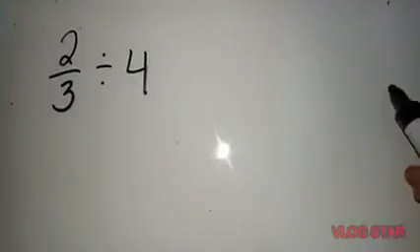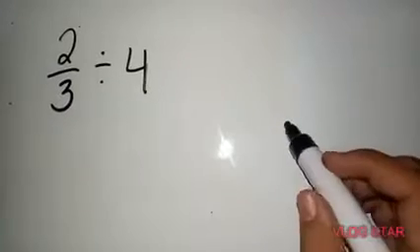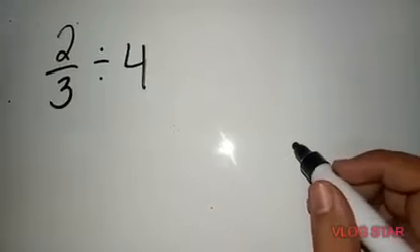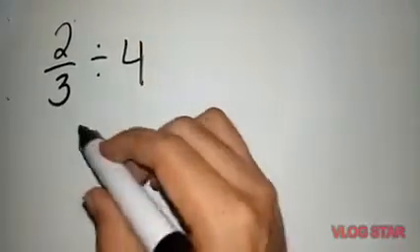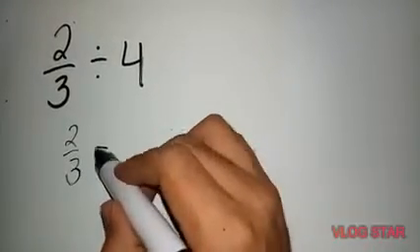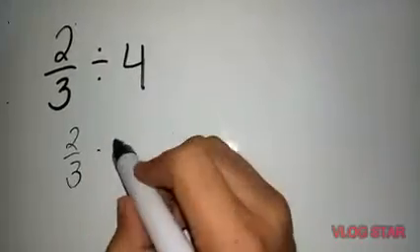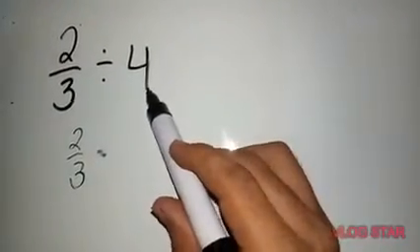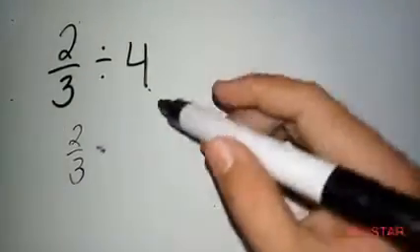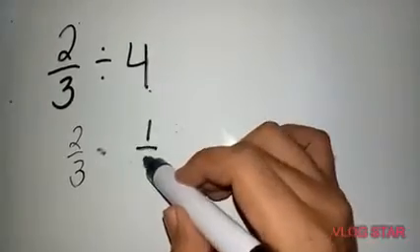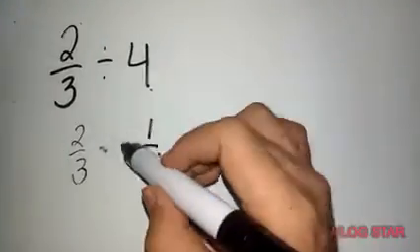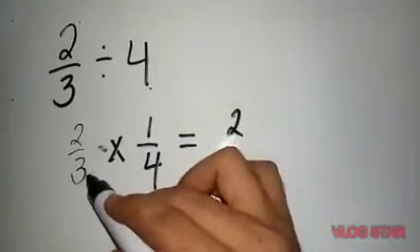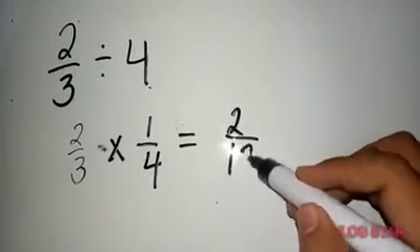So this is our first example, 2/3 divided by 4. In dividing fractions, we need to get the reciprocal. So we just need to copy 2/3, then the reciprocal of 4 is 1/4. Then proceed to multiplication. 2 times 1 is 2. 3 times 4 is 12.